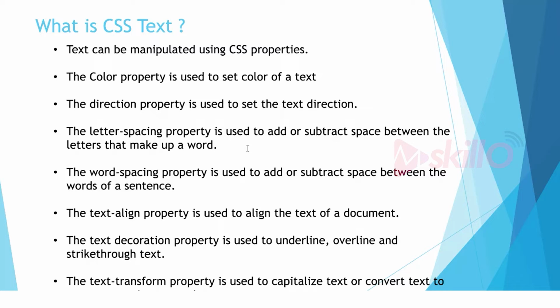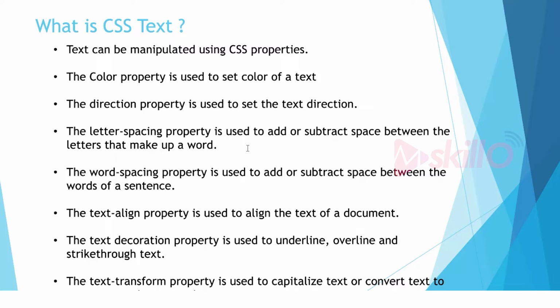We have the direction property that is used to set the text direction. We have the letter spacing property that is used to add or subtract space between the letters that make up a word. Then we have the word spacing property that is used to add or subtract space between the words of a sentence. We also have a text align property that is going to align the text of a document, that can either align the text to the center, to the left hand side, or to the right hand side.